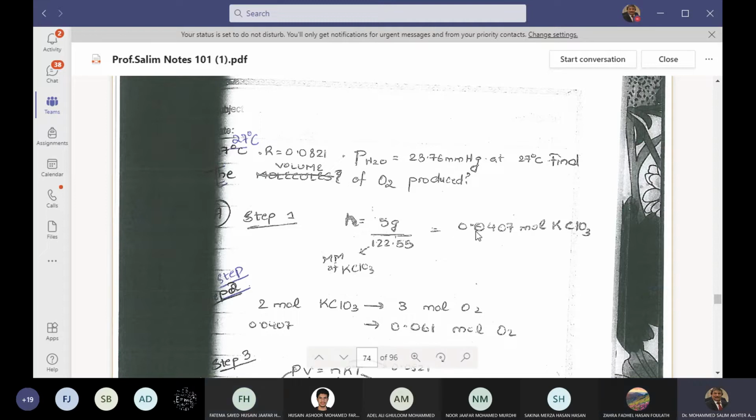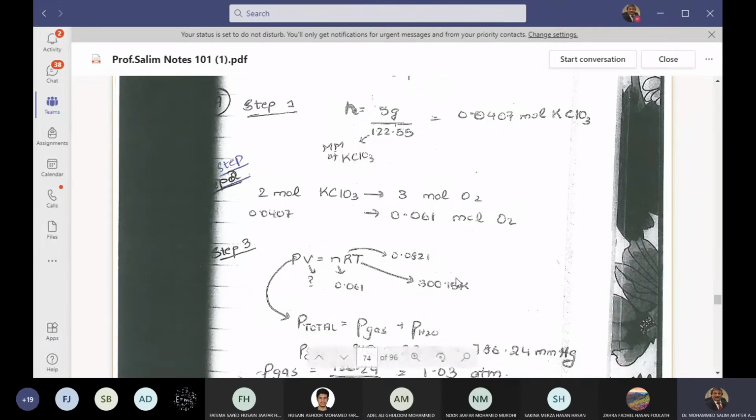Then from my balanced equation, 2 mole KClO3 gives 3 moles O2. With 0.0407, I got 0.061 mole O2. Is this correct?